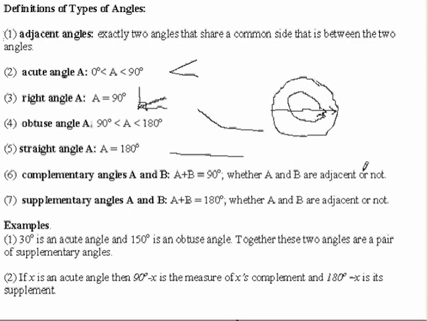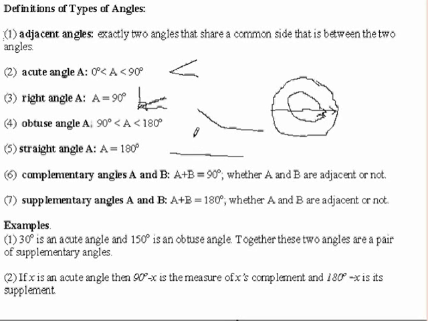However, notice that it says here whether angle A and angle B are adjacent or not. So it could be any two angles in a diagram regardless of their position, but their measures add up to 90 degrees. Same thing with supplementary angles.